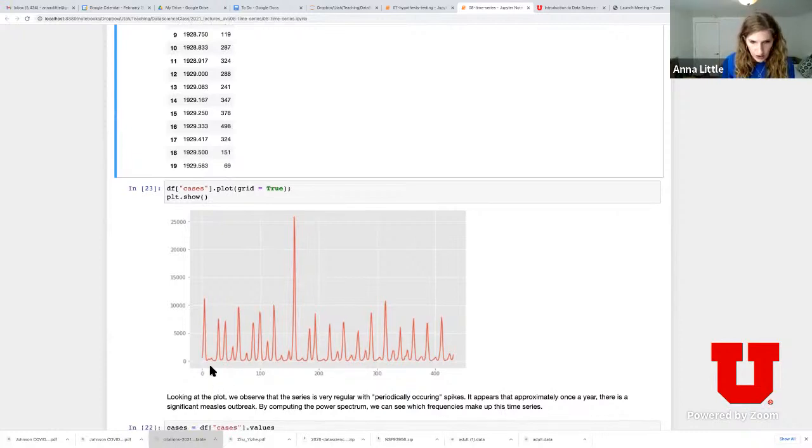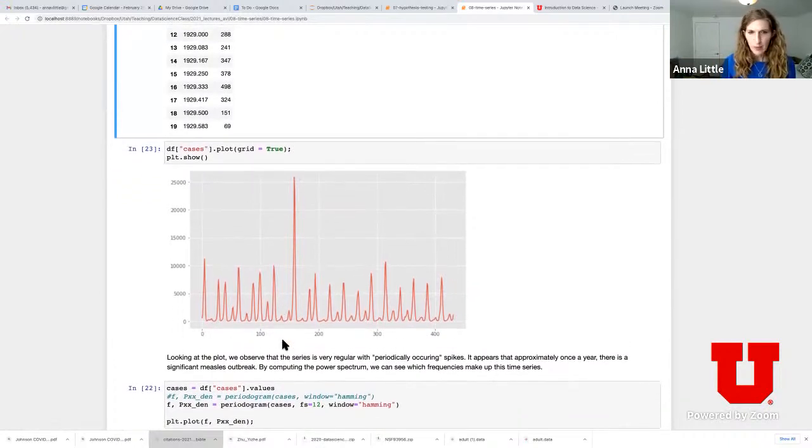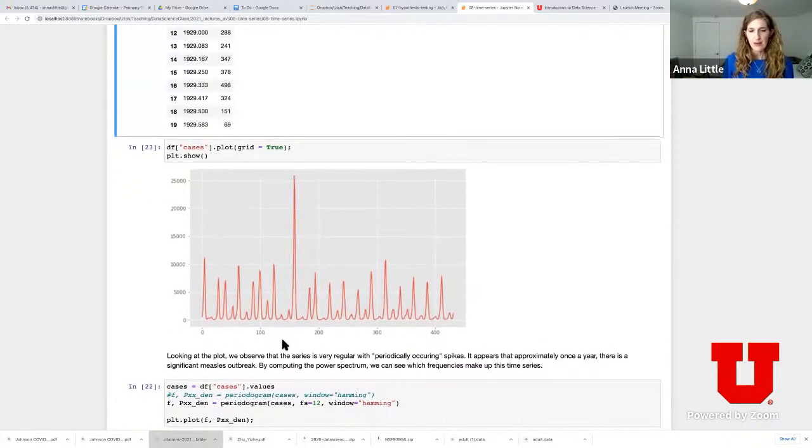And we could try to think about what kind of frequencies we would expect for measles data. Probably for this data, it makes the most sense to think about yearly spikes due to seasonal changes. Cases of flu tend to spike in the fall and the winter. It's probably a similar phenomenon for measles.